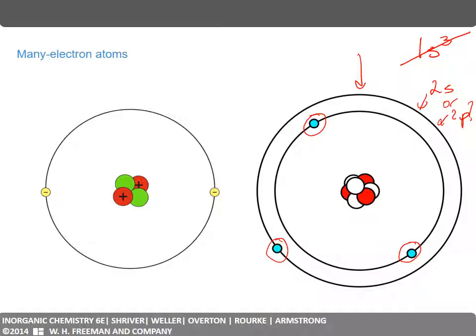Calculations show that this is not the case in many-electron atoms. So in hydrogenic atoms, in which we have one electron, that holds true, but that does not hold true in many-electron atoms. So let's see why.